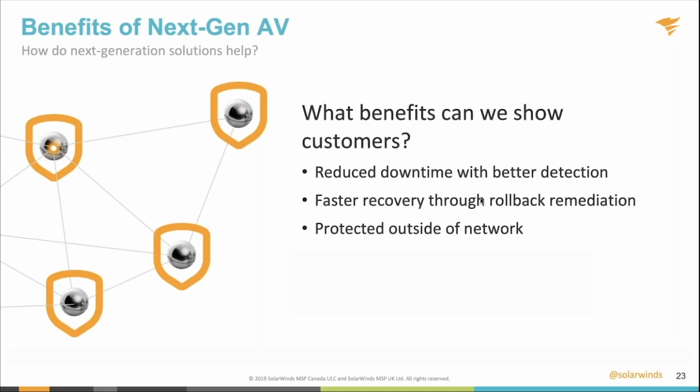up and running quickly. They're protected outside of the network. Larger companies especially have very good perimeters set up around their network. But as a mobile society now and as a mobile workplace, a lot of people have laptops. They take those devices out of the network and they lose some of those layers of protection.